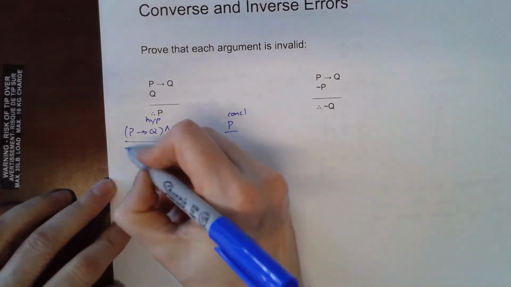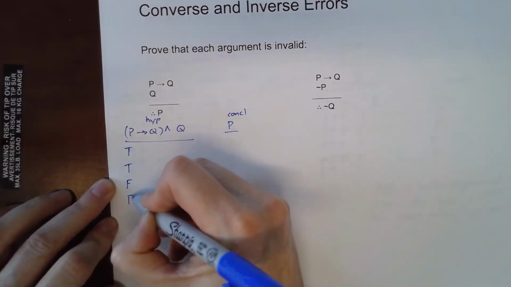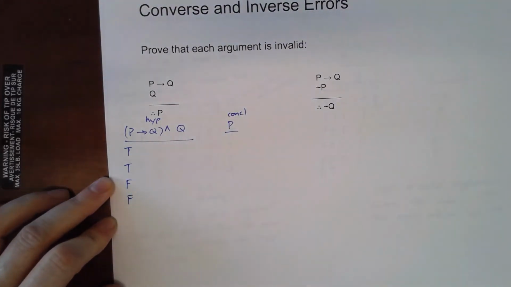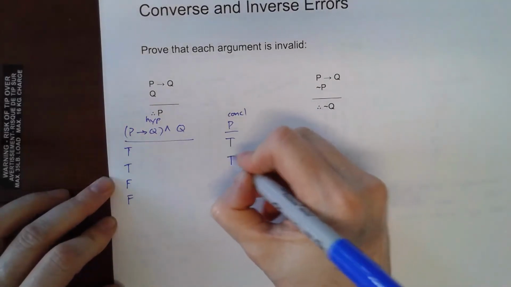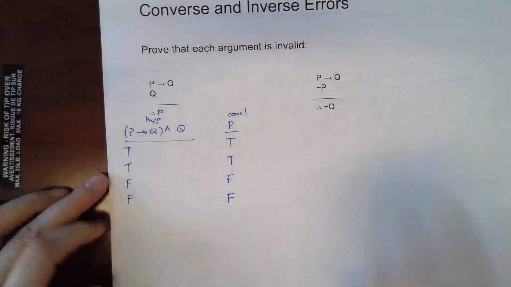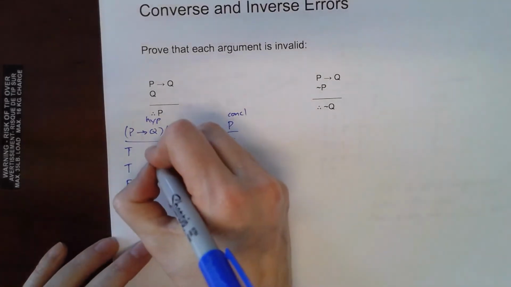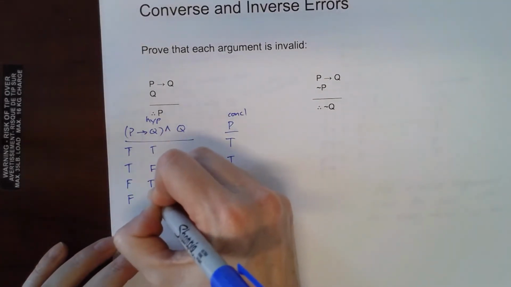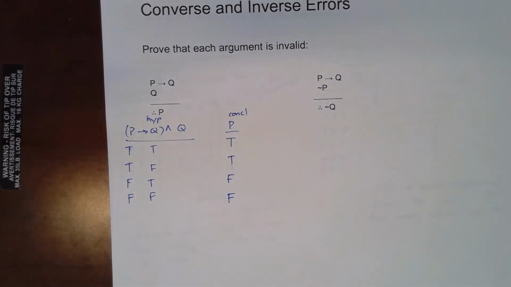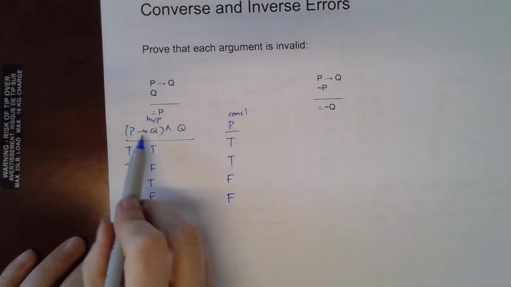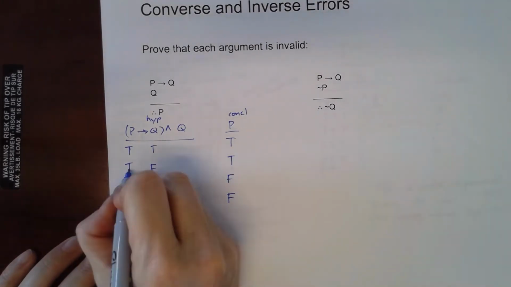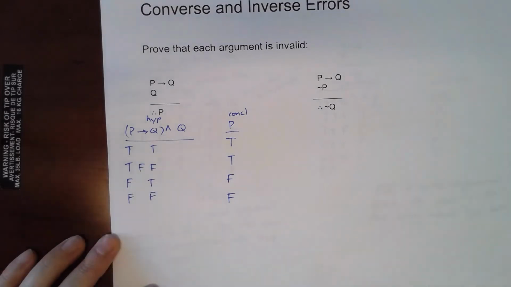So let's do our true, true, false, false. I'm just going to go ahead and write them over here, so when we do our final comparison, it's easy to do that. And then our Q is going to be true, false, true, false. Okay, so the only time you have a false implication is a true hypothesis, false conclusion. That's the only false.